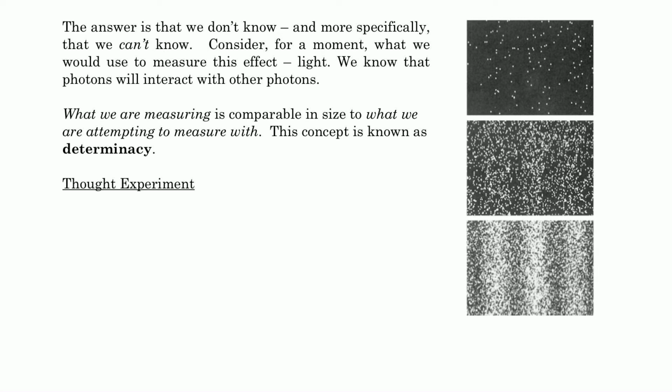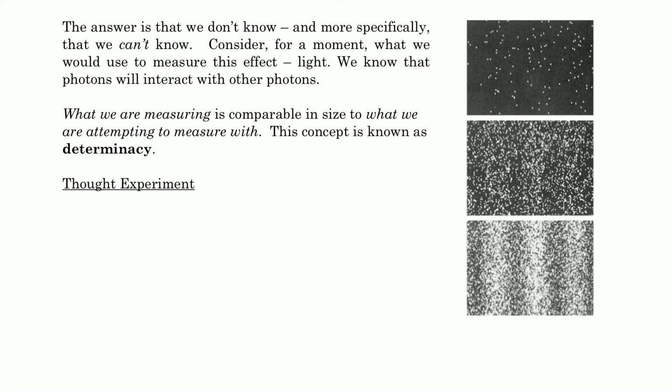We can't know where it goes because what we'd use to measure would, of course, be light, right? We'd use other photons to measure where it went. We'd look, we'd peek. But photons will interact with other photons. So essentially what we do when we measure an experiment like this is that we interfere with what's going on, and we force the photon to take a position.